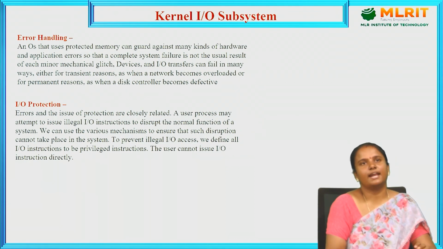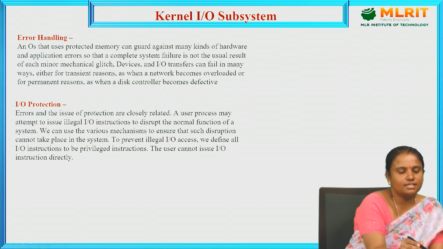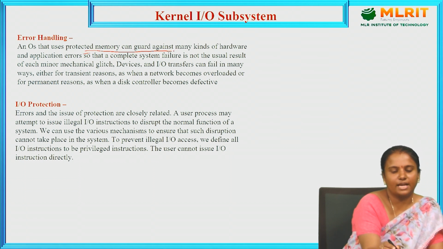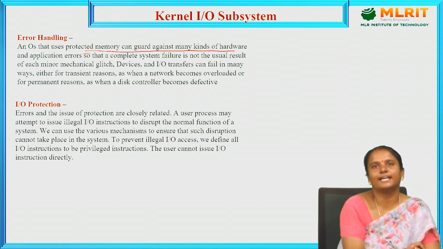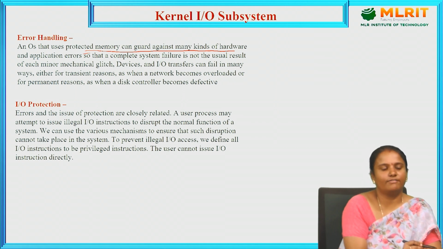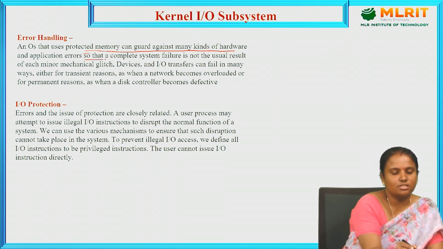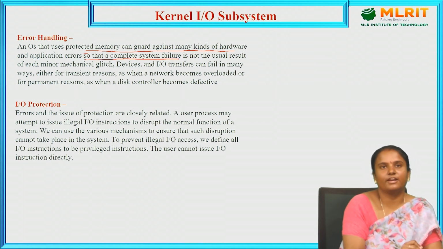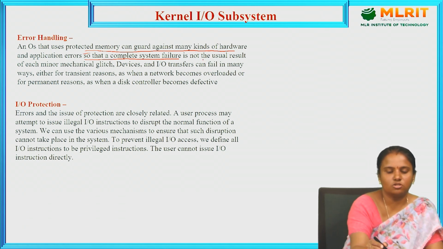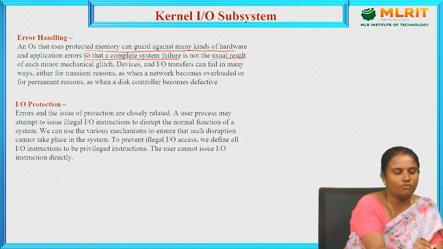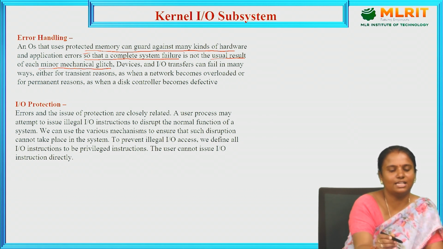Next, error handling. An operating system that uses protected memory can guard against many kinds of hardware and application errors, so that they do not cause complete system failures. This is not only the usual result of each minor mechanical glitch.